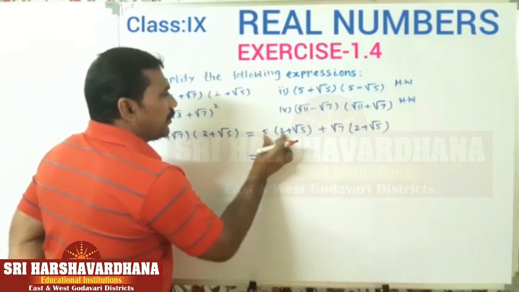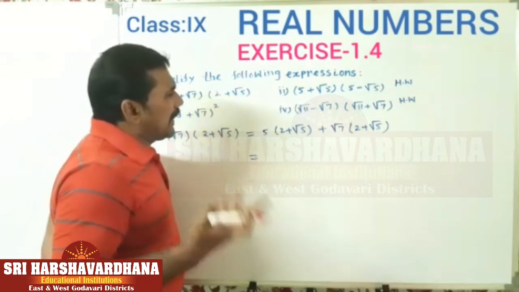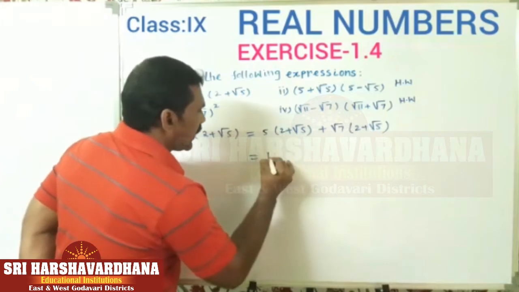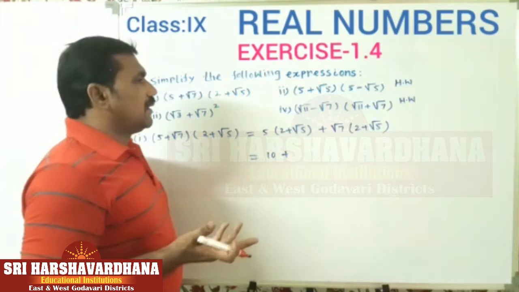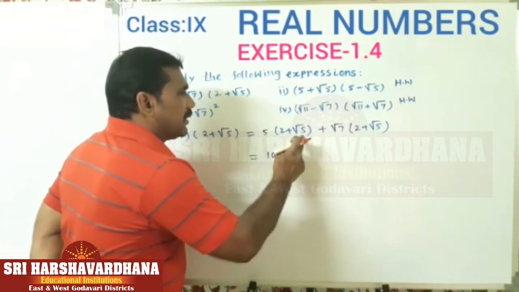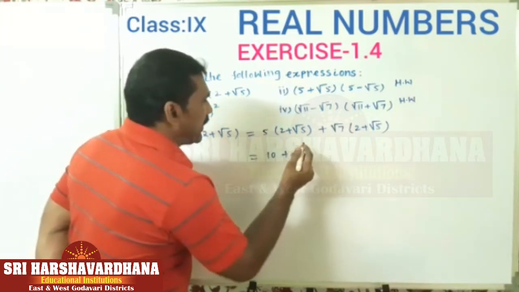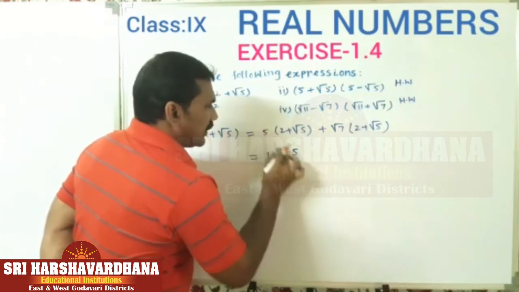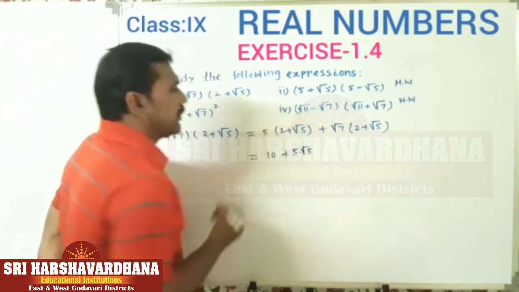See here, 5 and 2 are rational numbers. So, we can multiply directly those two numbers. 5 2s are 10. Here, 5 and root 5 are different numbers. I mean, 5 is a rational number, root 5 is an irrational number. So, that's why keep them as they are, but write down first a rational number and after that an irrational number.